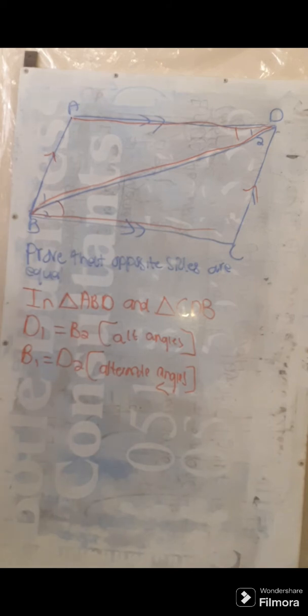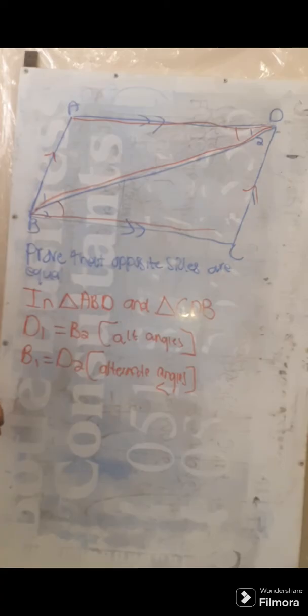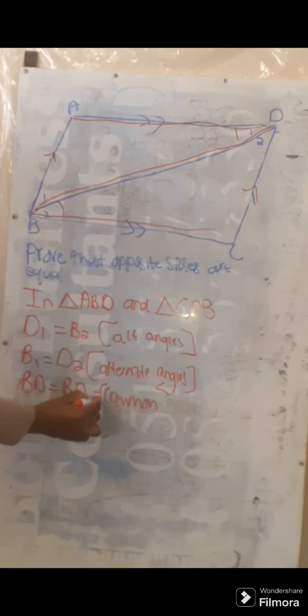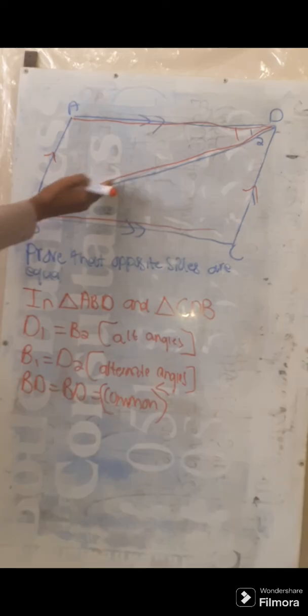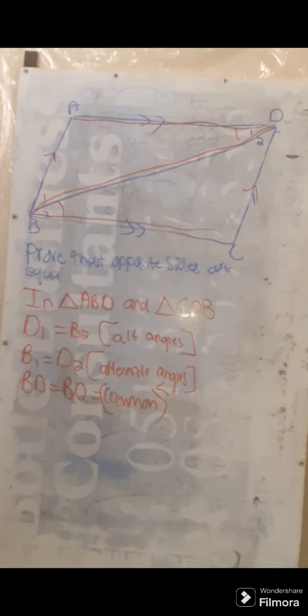And then this side, for both these triangles, it's the same. So here we will say BD equals BD, and that's common. Common, how? This triangle ABD shares this line here, BD, and even this one, CBD, shares this line. So that line is common. We are proving that these triangles are congruent, and that's how to say these opposite sides are equal, and that will be proved with alternate angles.